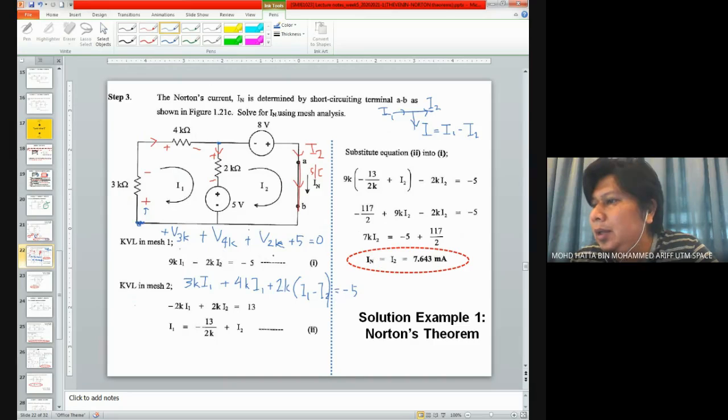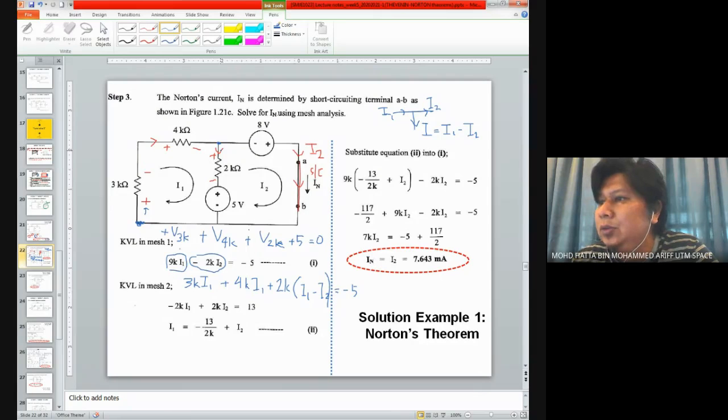So that's why this 2 kilo ohm resistor is given by 2K times I1 minus I2. If you solve this part, for I1 we have 3 kilo plus 4 kilo, 7 kilo I1, plus this 2 kilo means we have 9 kilo times I1 minus 2 kilo I2, equals to negative 5. So that's for mesh number 1.